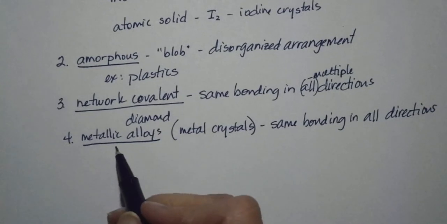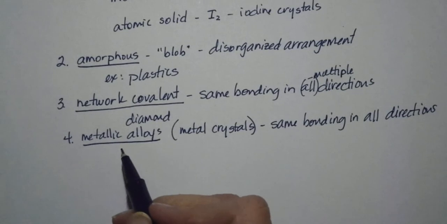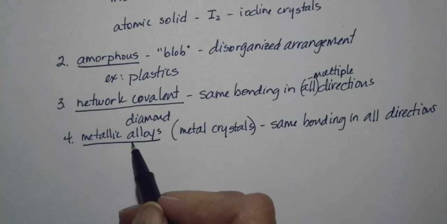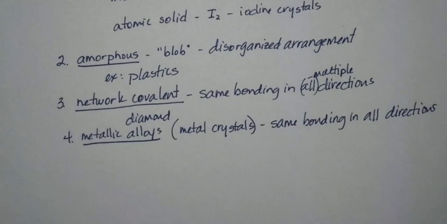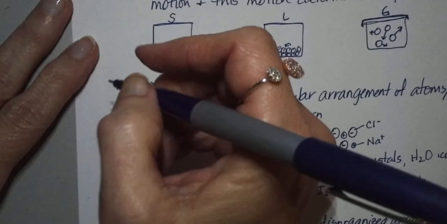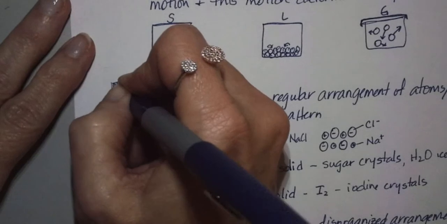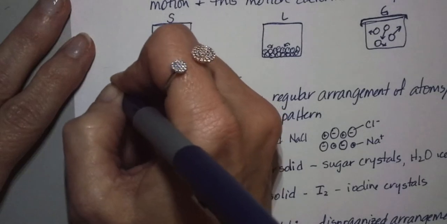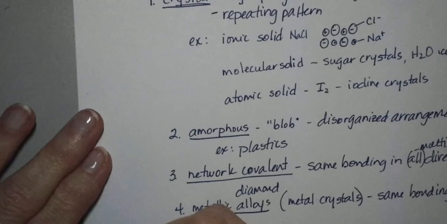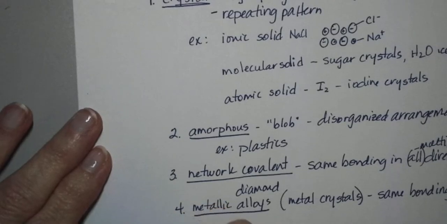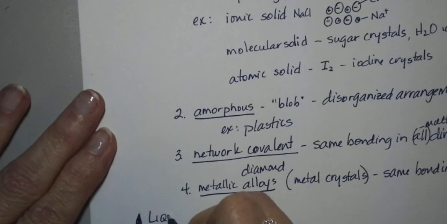Okay, so we had solids up here. I'm going to put a box up here. And then let's do a little drop down here for liquids, because, yeah, we can. So here we have liquids. And with liquids, there's very little density difference between the solid and the liquid of something.